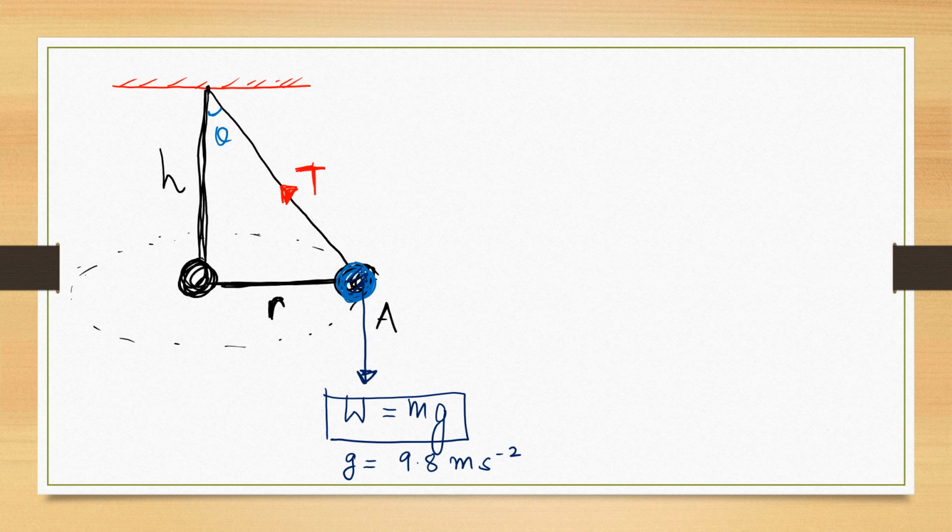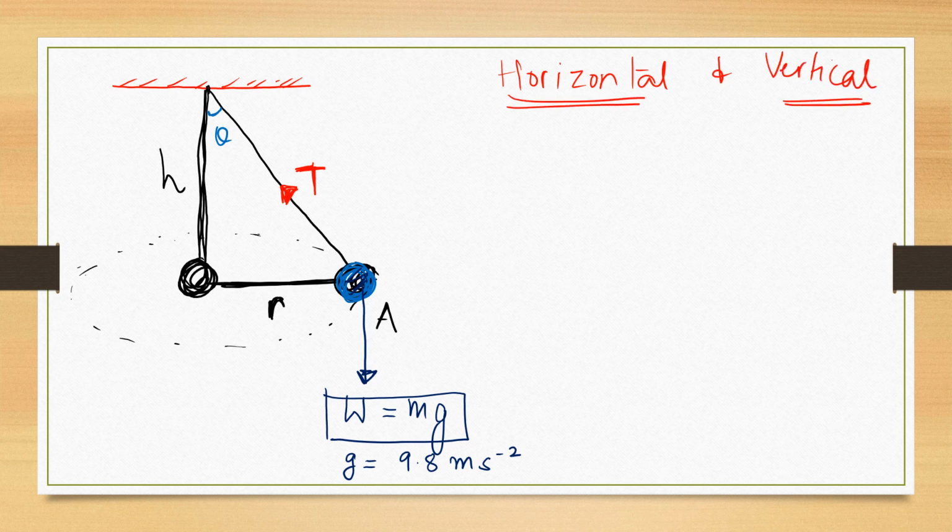Now I have to resolve these forces into horizontal and vertical components, right? To analyze the motion of this bob. So let's consider the horizontal components now. If this angle is theta, then this angle is also theta, which I'm going to mark in green color. The reason is they are alternate angles, as this line and this line are parallel to each other, right?